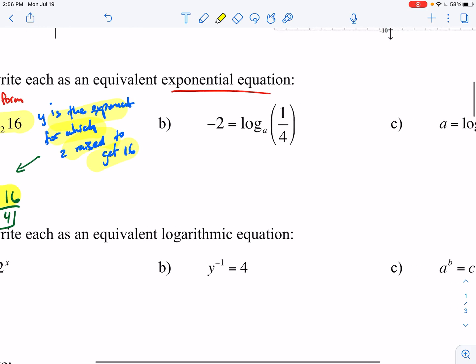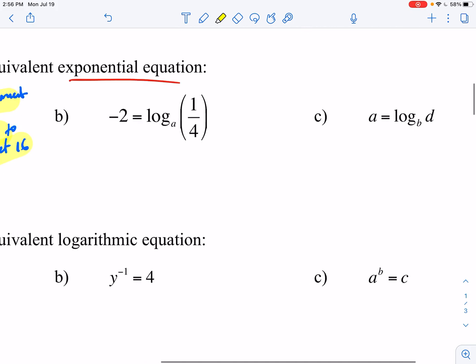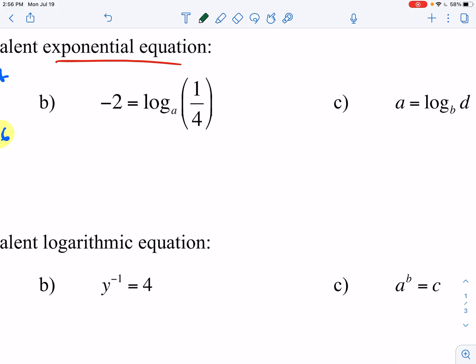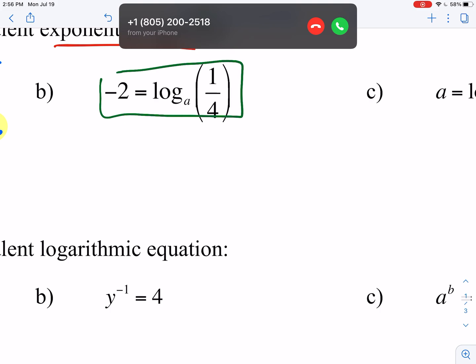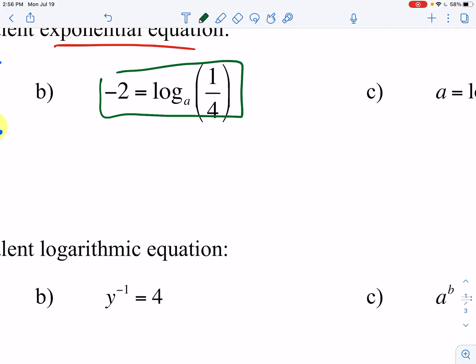So let's move on to the second part here. This is in log form. We're going to convert this into exponent form, or exponential form. So we have -2 is equal to log base a of 1/4. I'm going to write this one more time so we get used to the notation.